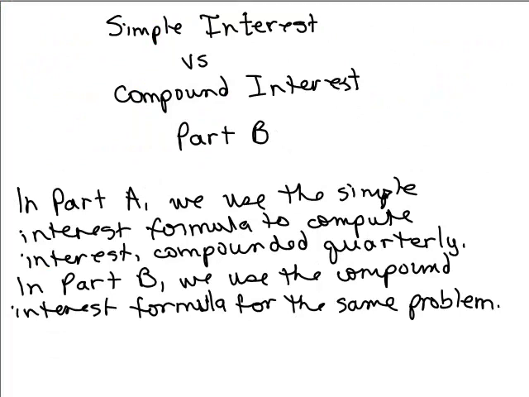See Part B of Simple Interest versus Compound Interest to see how we're going to use a new formula, the compound interest formula, to compute the interest on this same problem. And it's going to be much faster than doing all the computations we did in Part A.